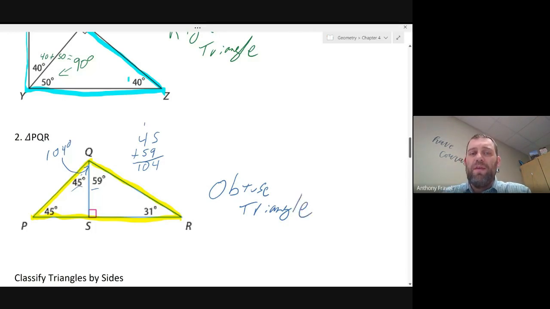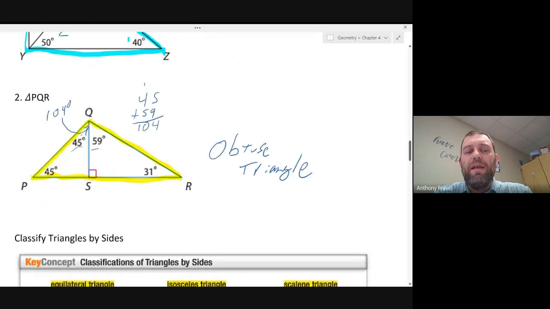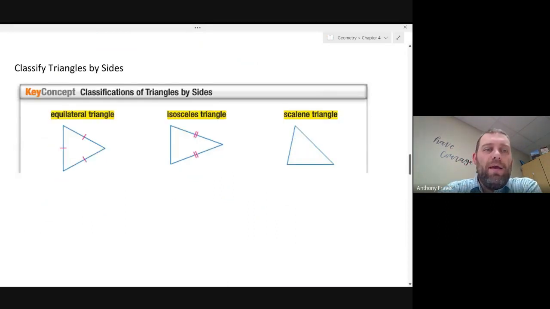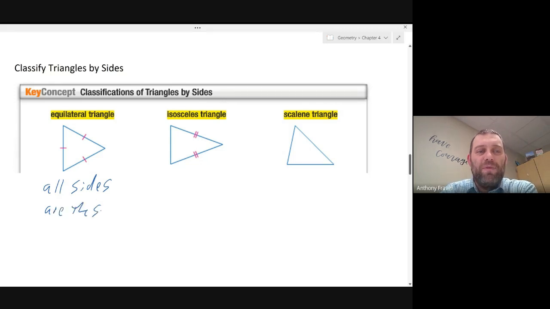Okay, that's it for classifying triangles just by those angles. Now we're going to get into classifying triangles by their sides. Again, we have 3 of them. An equilateral triangle means that all sides are the same. That's what this red hash, this red hash, this red hash are meaning. So that's what an equilateral triangle is.